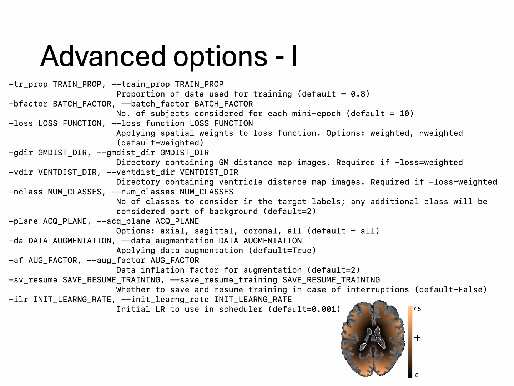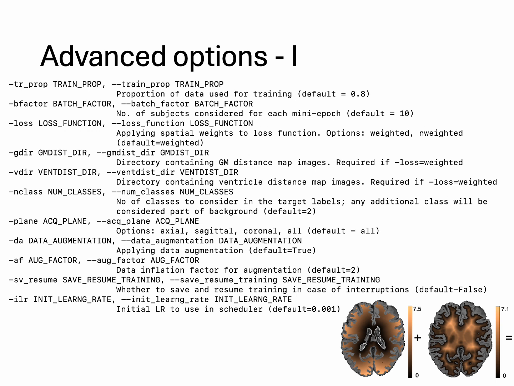If you are doing some analysis and you are familiar with the technical aspects of TrUE-Net, you can tweak these advanced options as well. So the first option is the training proportion, which shows, out of the total number of subjects you have, what is the proportion of subjects you would use for training.